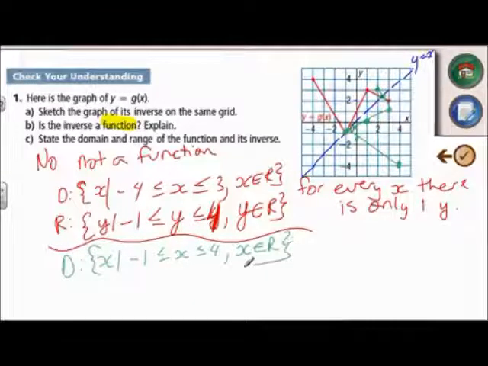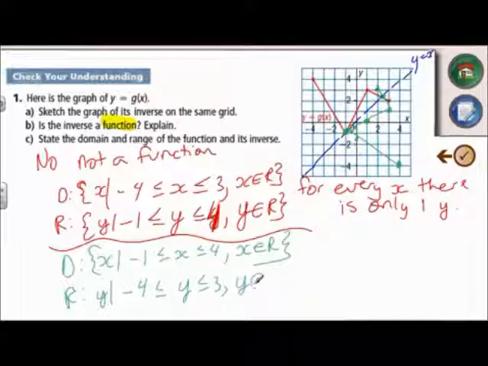And our range starts at -4 and goes all the way up to 3. Hey, that's looking familiar as well. How interesting. I think I just said this.